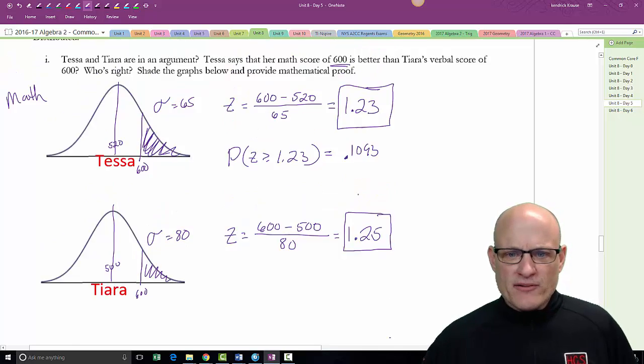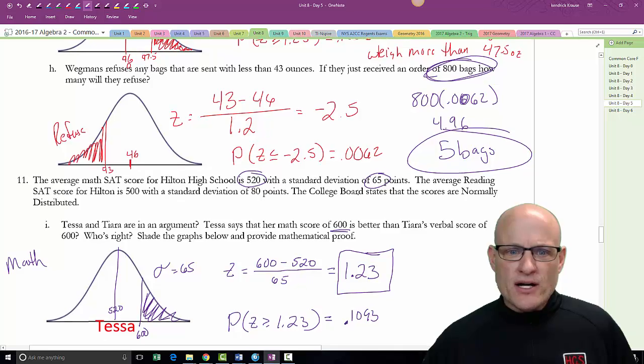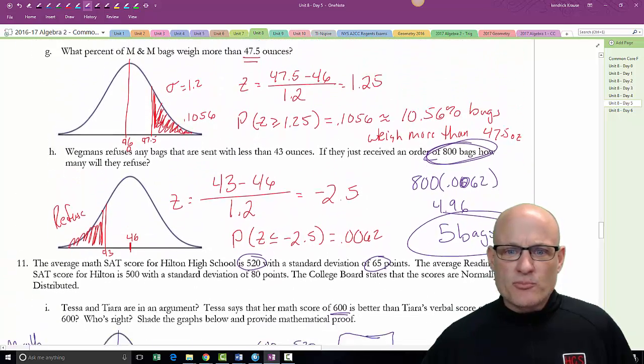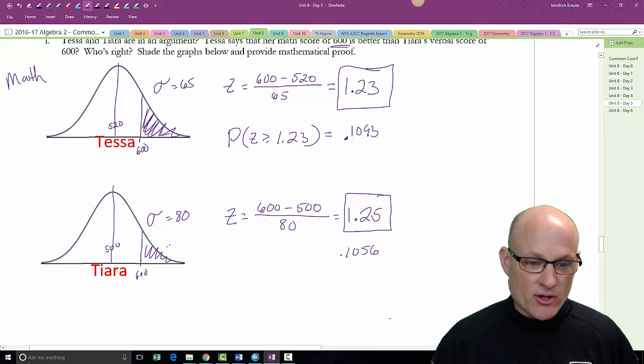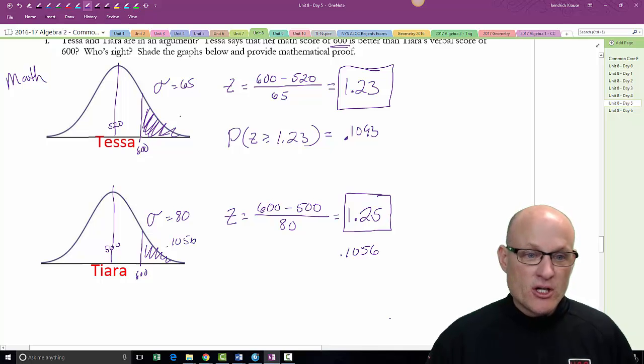Tiara's, we did 1.25 just a second ago. What was that? 1.25 was 0.1056. Now remember, these are the tails.